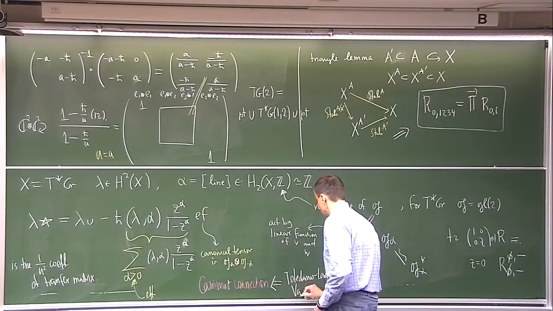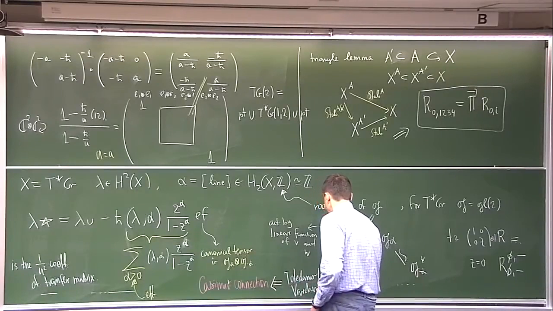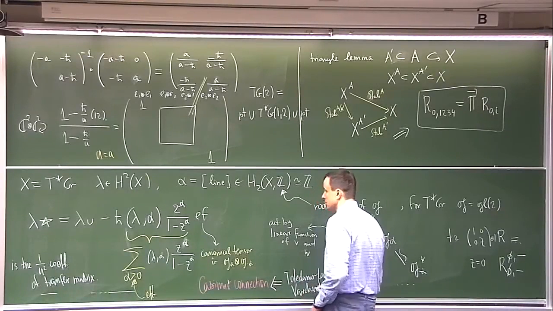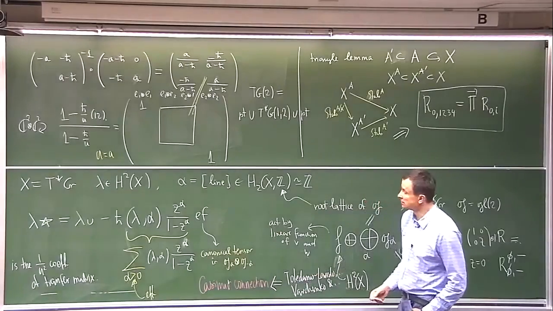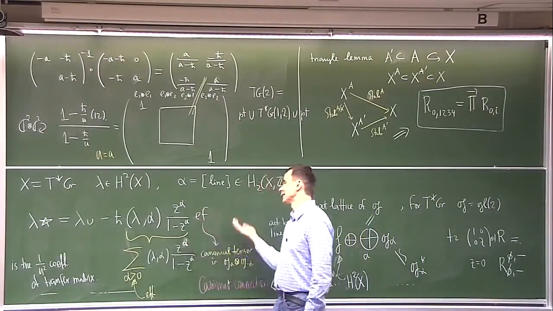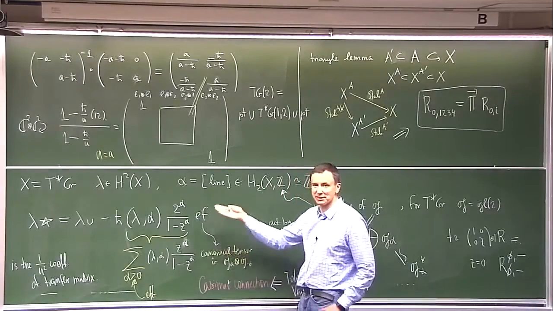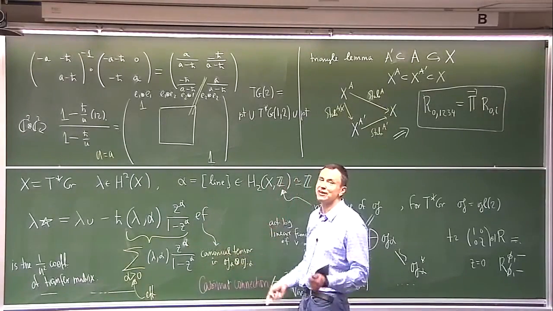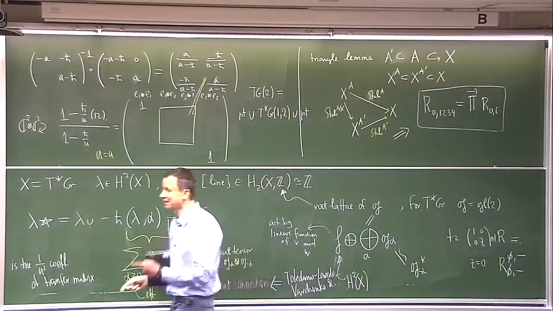Also Varchenko, with different co-authors, discusses things like this. Sorry, I said connection, but I mean the quantum differential equation will be the Casimir connection. In fact, I will talk about the quantum differential equation now.